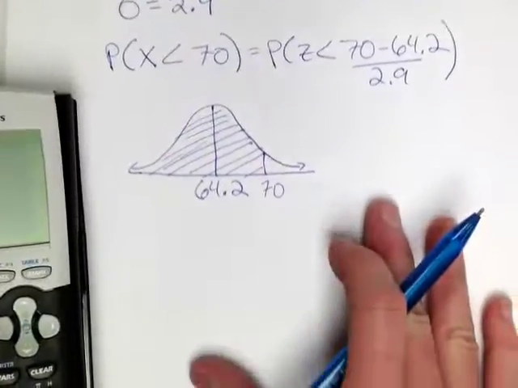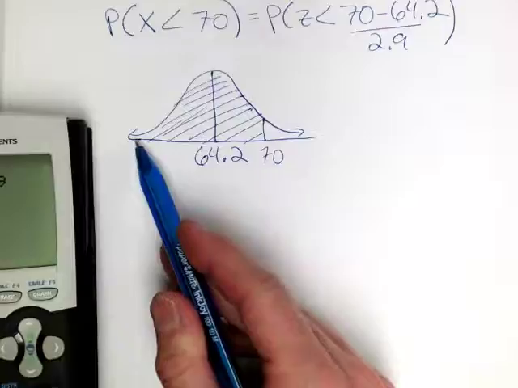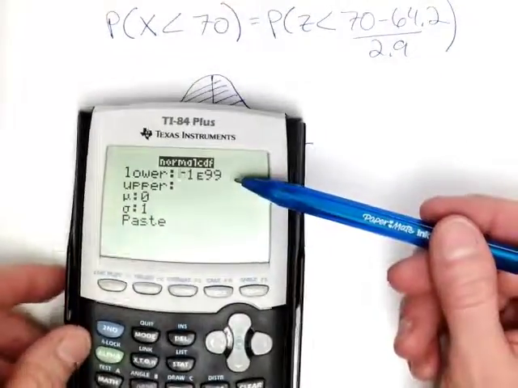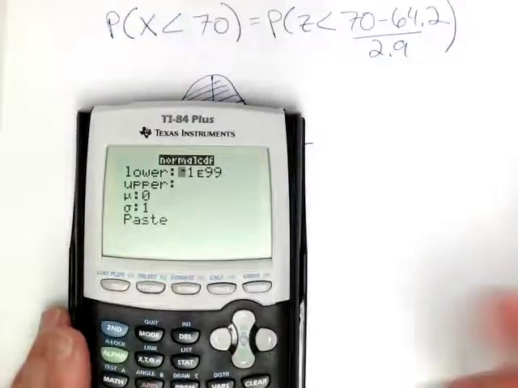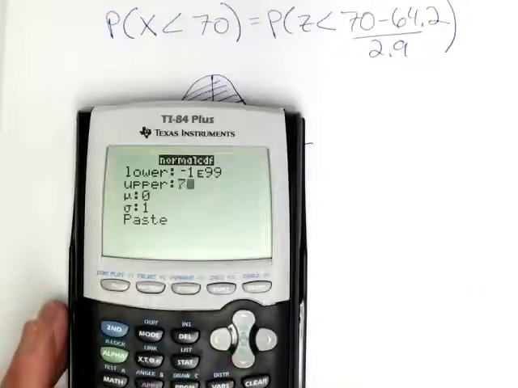I expect this area to be greater than a half, because 70 is above the mean. So I'm going to use my normal CDF. My lower bound is a really small number. The new calculator defaults to negative 1 E99, but if you didn't have that, you can just put in negative a million. My upper bound is 70, and I'm going to have the calculator standardize for me, so I'm going to put in 64.2 and 2.9.